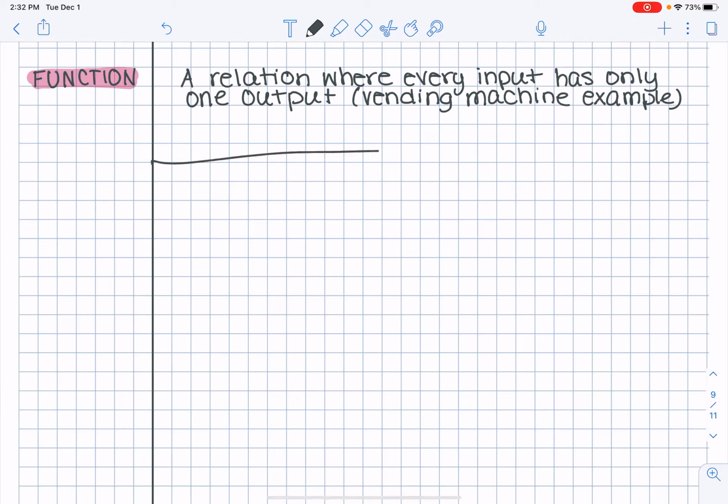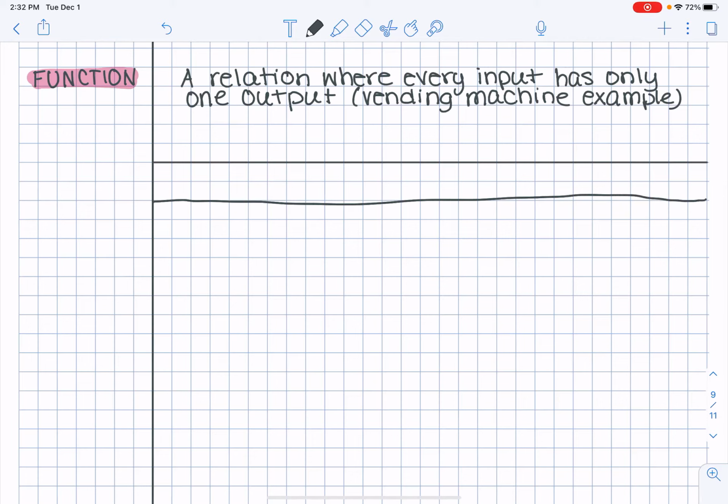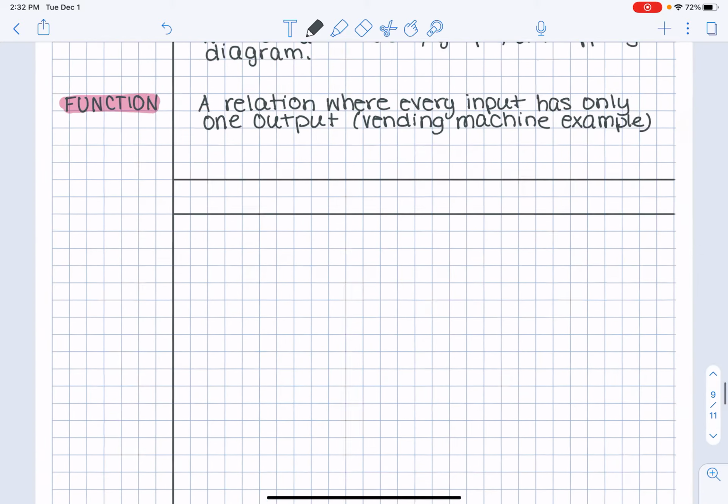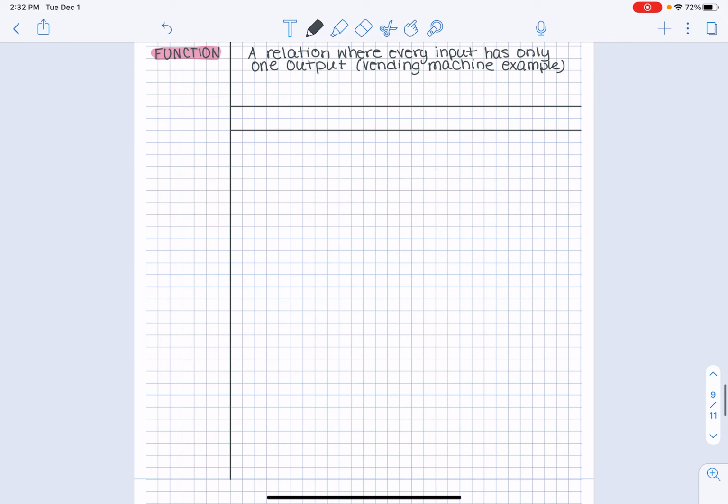That wasn't as straight as I wanted it to be. There. I'm going to draw another line all the way across. And then I'm going to split it down the middle, like this.